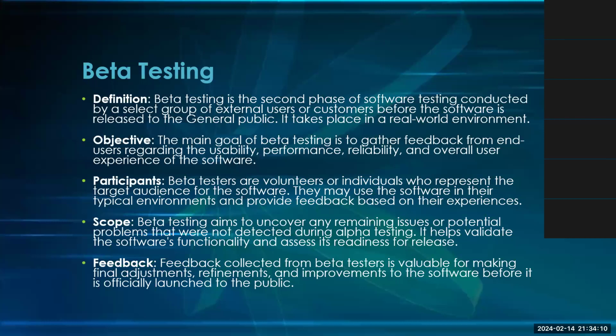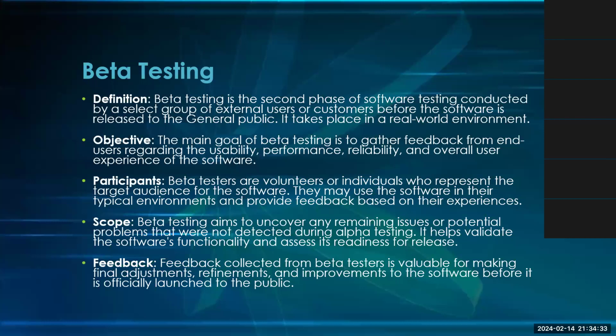For the participants, beta testers are volunteers or individuals who represent the target audience for the software. They may use the software in their typical environments and provide feedback based on their experience.